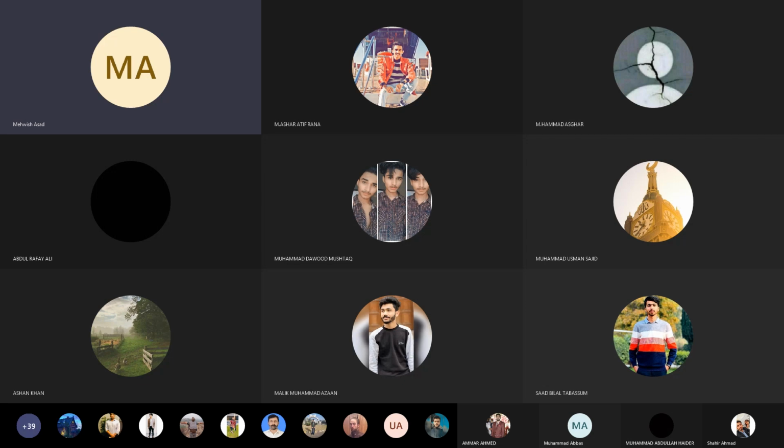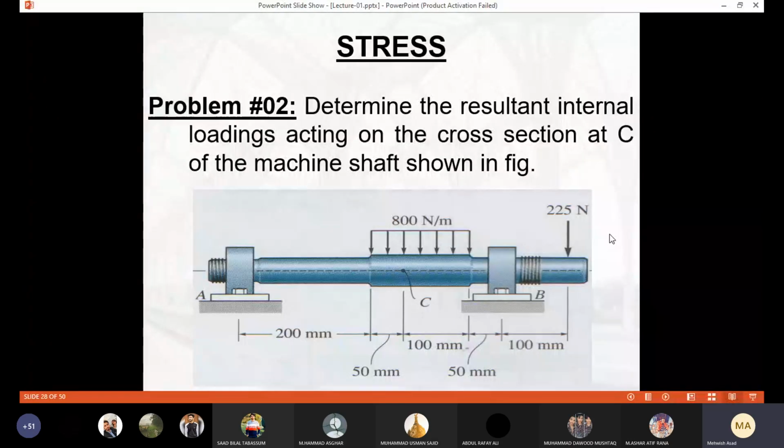Okay, let's solve this problem for internal loading. You have to determine the resultant internal loadings acting on the cross section at point C of the machine shaft shown in the figure. Whether you call it a machine shaft or a beam, the same behavior is reflected here as of the beam. Just as a beam has a roller support and hinge support, the same is happening here. You have an overhanging beam, loading is being applied as shown.